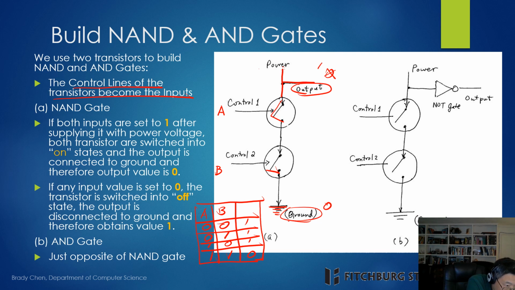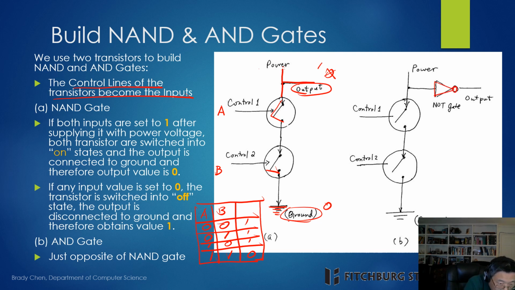Now, the next thing we're going to talk about is how to build the AND gate. The AND gate is relatively easy because the AND gate is the opposite of the NAND gate. So all we need to do is put a NOT gate on the output side.